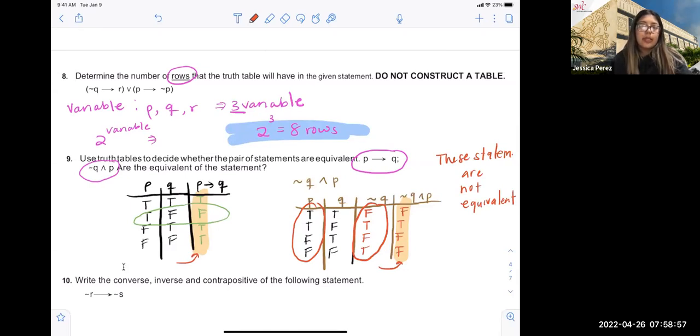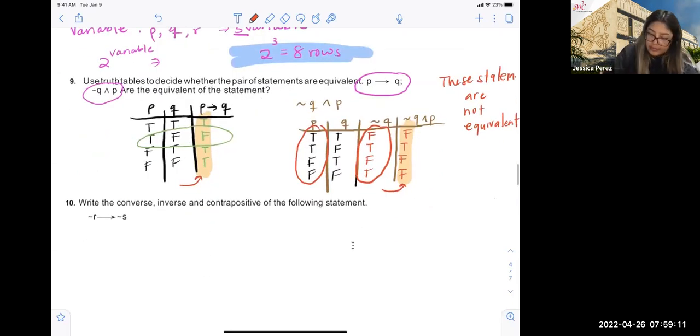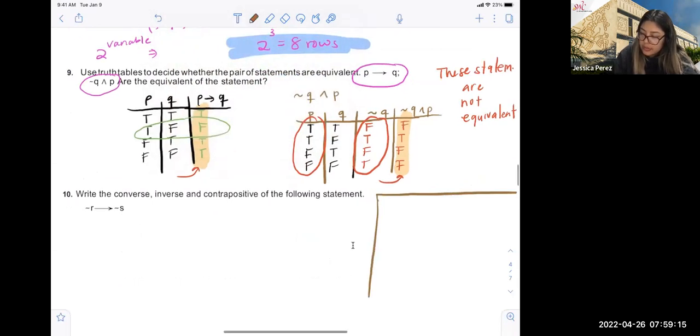Let's go ahead and talk about the next question. The next question is about converse, inverse, and contrapositive. When you have a conditional statement, these are some notes.